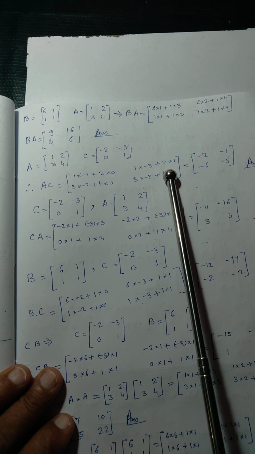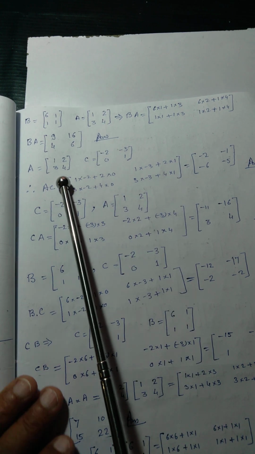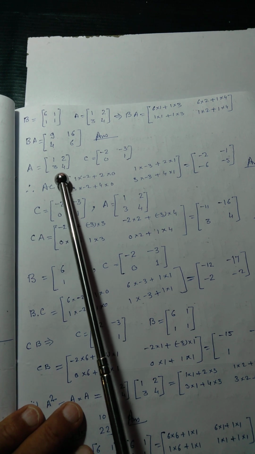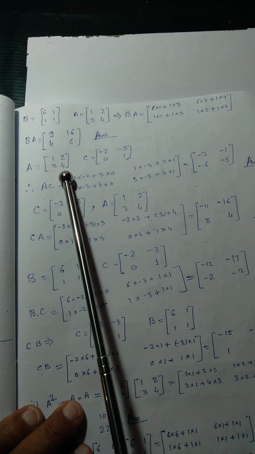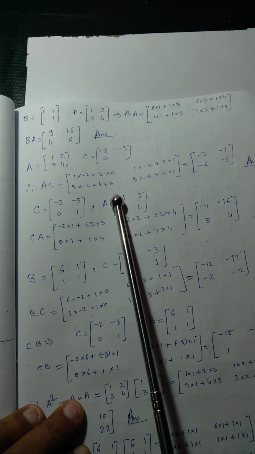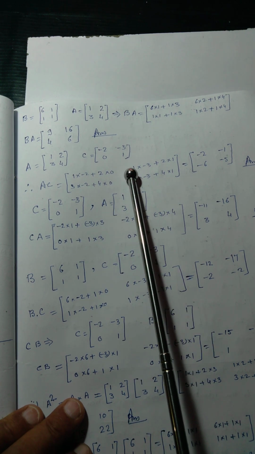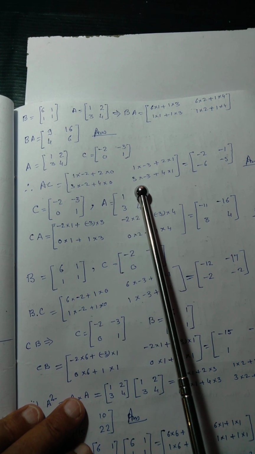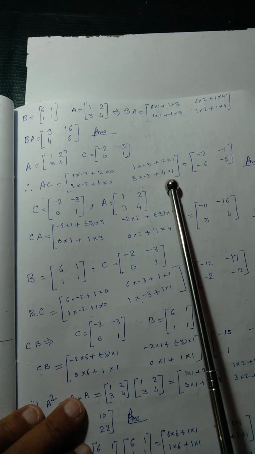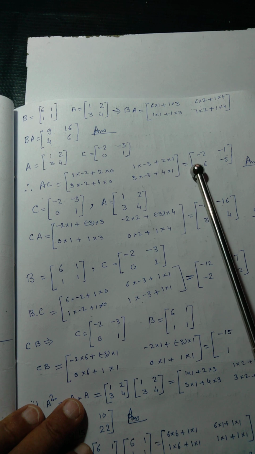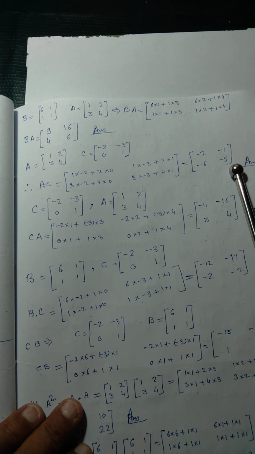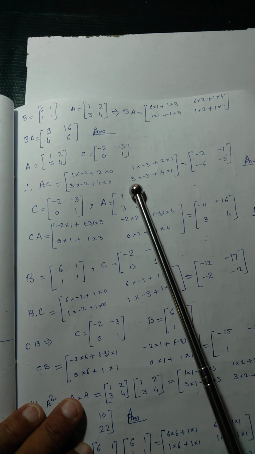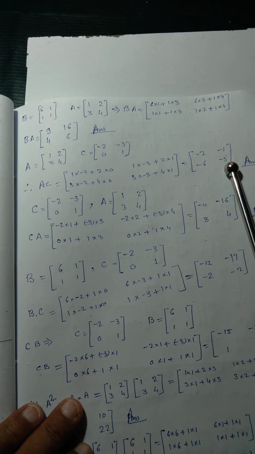So 2 into 1. Now proceed to the second row. That is 3 will be multiplied to minus 2, 3 into minus 2 plus 4 into 0. Now for the second element, 3 will be multiplied to minus 3, 3 into minus 3 plus 4 into 1. So ultimately we will get the result minus 2, minus 1, minus 6, minus 5. Minus, yes, it is minus 5, correct.